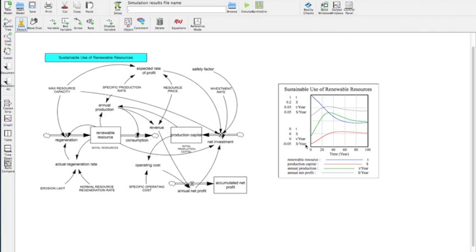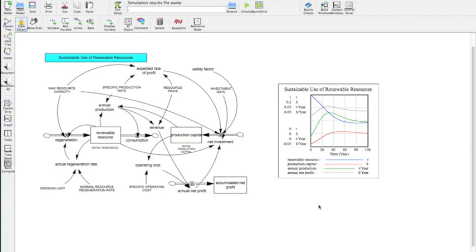So this is a sustainable scenario, and I want you to look at it and play around a little bit with the parameters. I would start with a safety factor, for example, and look at the maximum resource capacity and see what you can do if you want to increase your profit or reduce the resource consumption or reach a higher level. So try to look at how these variables interact by running this model.